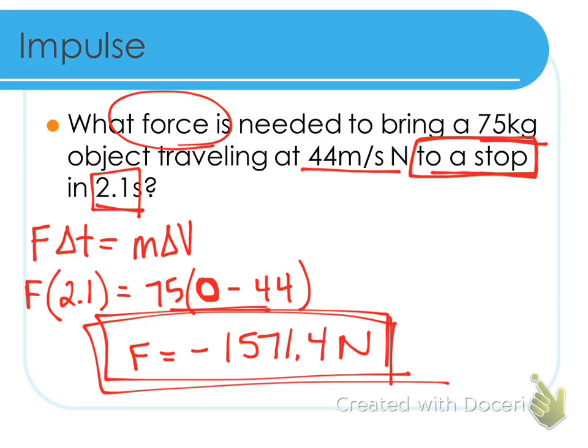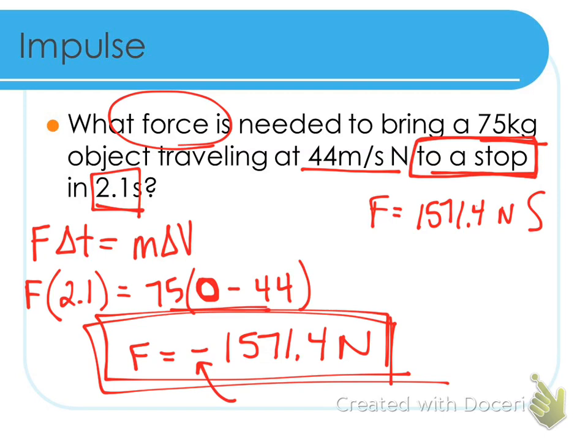What does this negative tell us in terms of our force? What's the negative tell us? That is stopping. Yeah, that's right, it's going against it. So since our original velocity was north, that means that this is south. So you could also give your final answer at 1571.4, 4 newtons south, right?